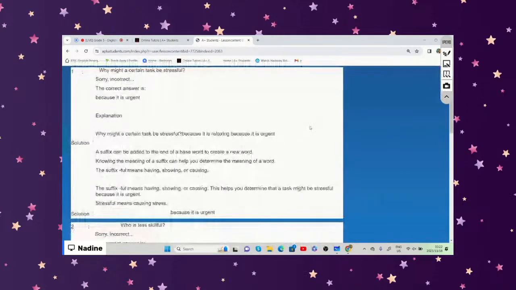All right. So, why might a certain task be stressful? So, stressful with the suffix full, right?